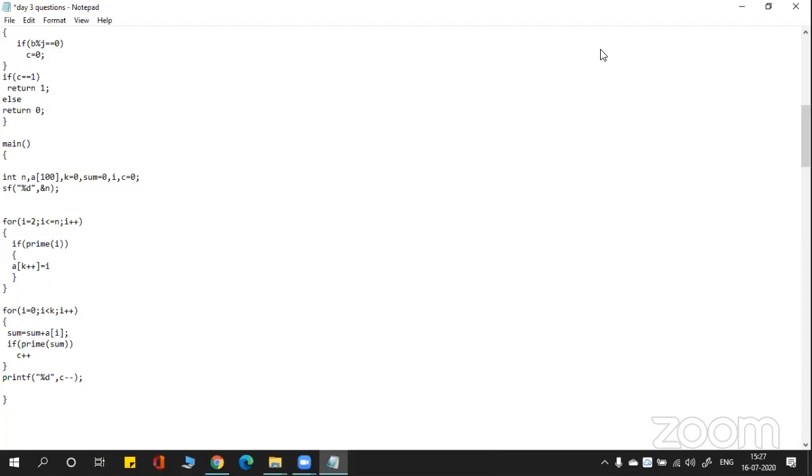If I give n value as 3, my array will be 2 comma 3. It will start from 0. So initially sum is equal to 0 plus 2. As 2 is a prime number, count will be 1.